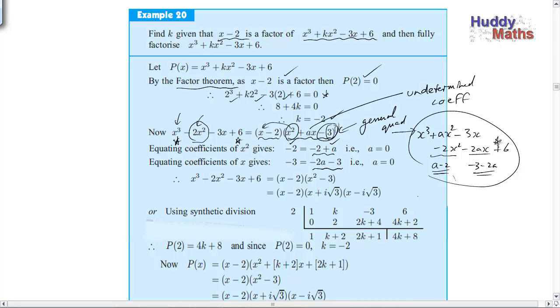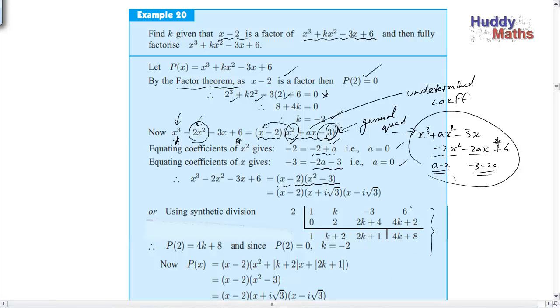All right, so it checks in both cases that a is 0. And so therefore we can say that the fully factorised form is x take 2 by x squared take 3. Now down here we've got an alternative way using synthetic division, which is actually not in the course, but you could do it.